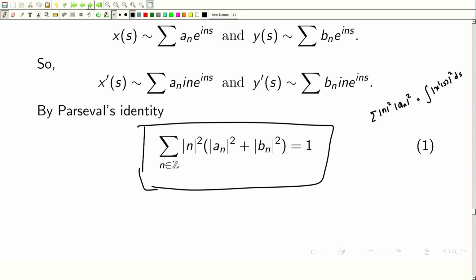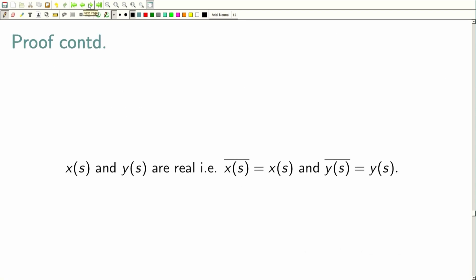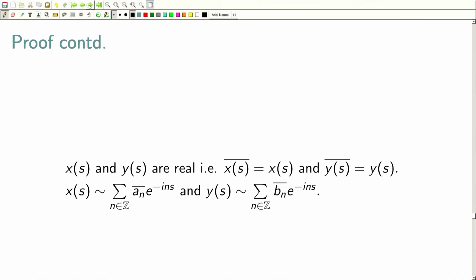Okay. So, remember that both x and y as maps are real maps. Therefore, x of s bar is equal to x of s and y of s bar is equal to y of s. So, if I take x of s bar, the Fourier series is going to look like a n bar e to the power minus i n s, because x of s bar is equal to the bar of the summation over n of a n e to the power i n s.